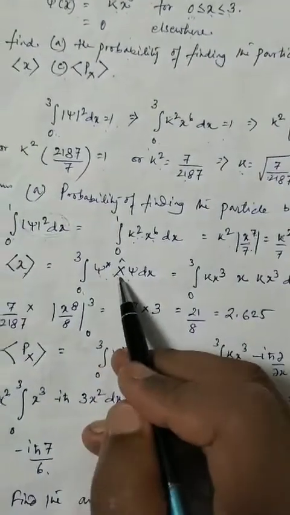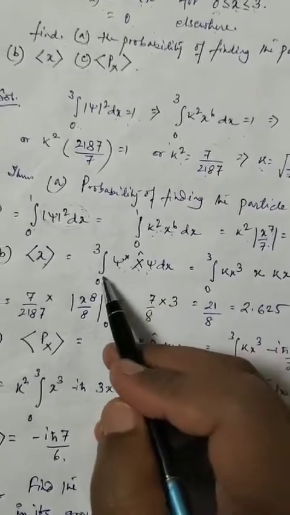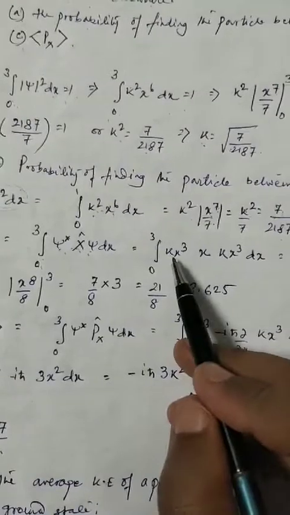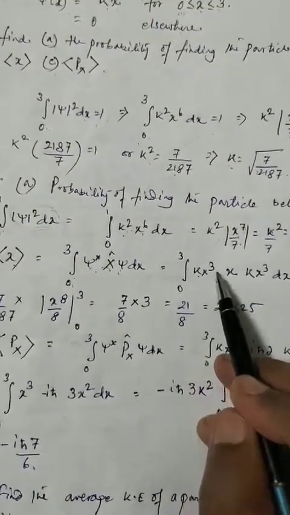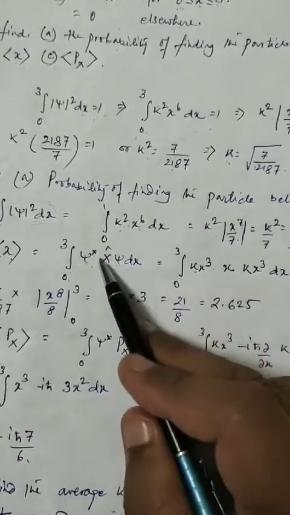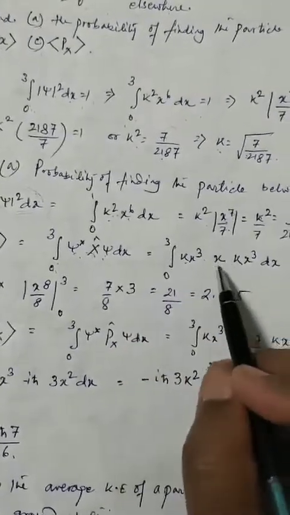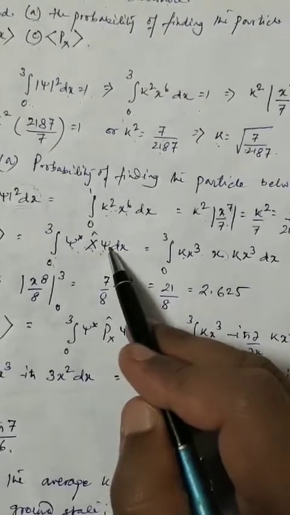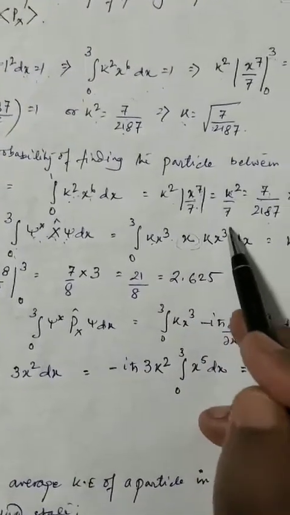So sandwich the operator x hat between psi star and psi and integrate it from 0 to 3. So again, psi star is kx cube. If you operate the x operator on psi, you will get the value x times psi.